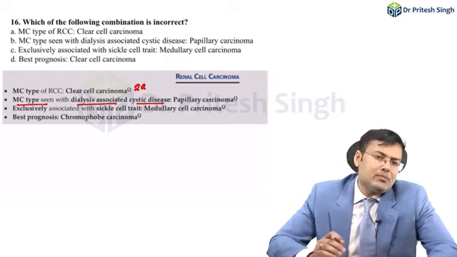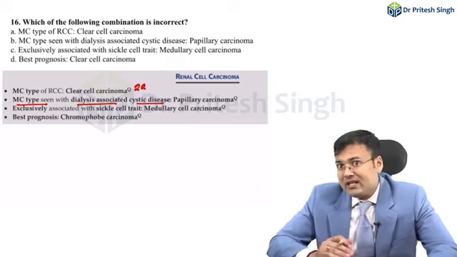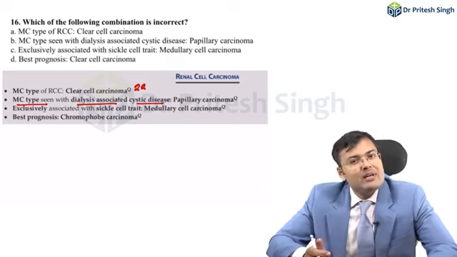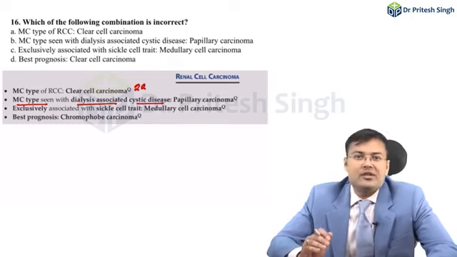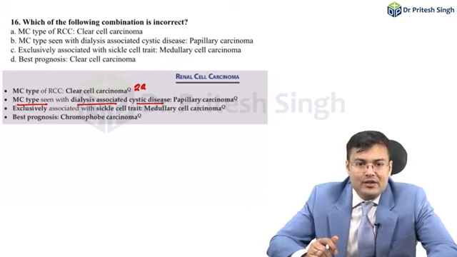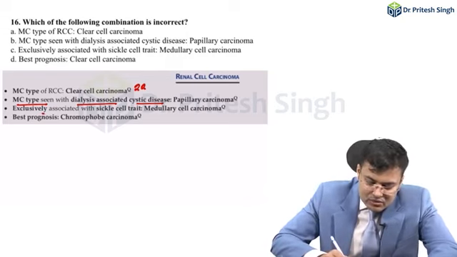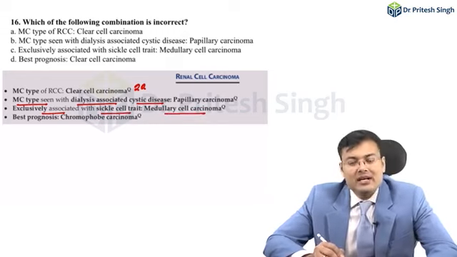For example, suppose a patient has ADPKD, autosomal dominant polycystic kidney disease, develops renal failure, undergoes hemodialysis for a long duration, and develops malignancy, that is papillary carcinoma. After that, exclusively associated with sickle cell trait, that is medullary carcinoma.